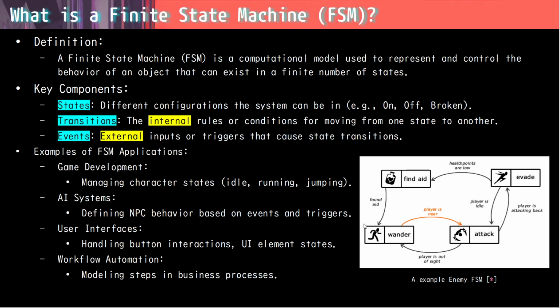So we call this rectangle a state. Between two states, you can find some arrows, right? The arrow line over here is called a transition. The transition means the internal rules or conditions for moving from one state to another. So this is a transition.